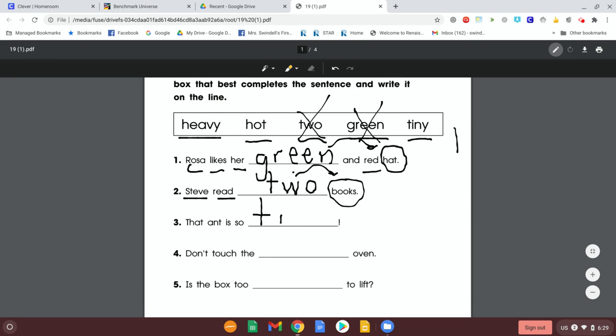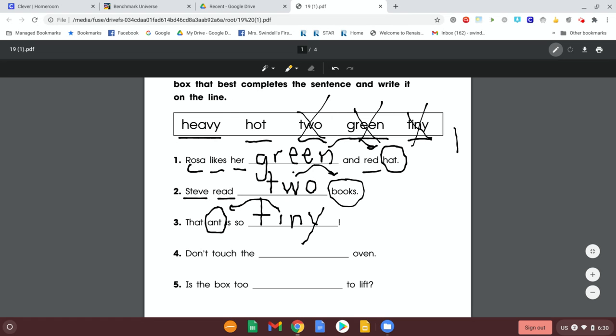So tiny is an adjective. It talks about the size of the ant. Tiny is the adjective, but what is it describing? Oh, the noun is over here this time. So tiny is describing ant, the tiny ant.